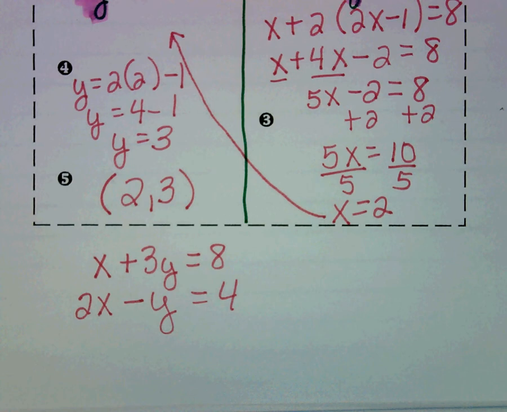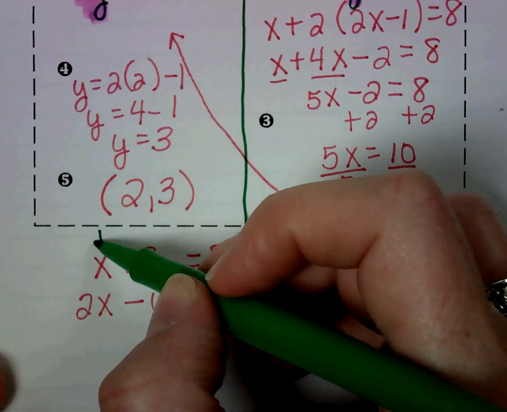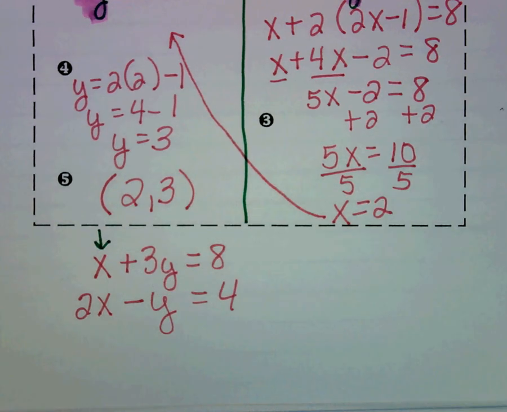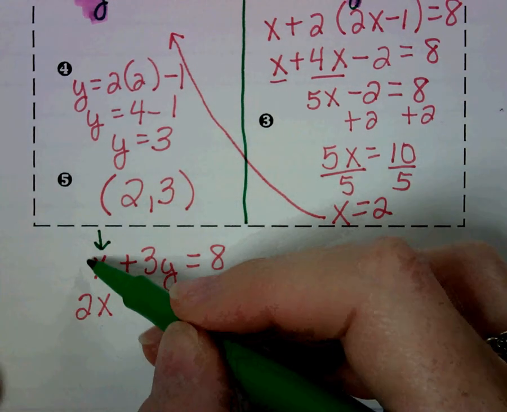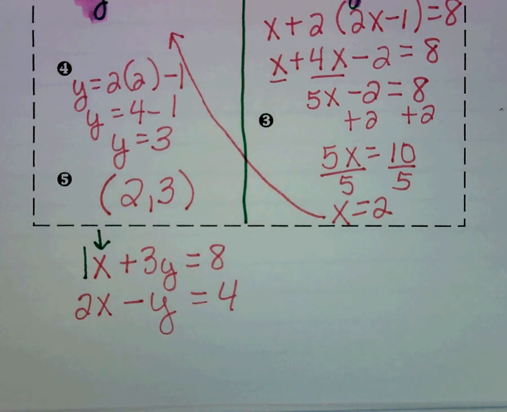I don't already have a variable solved for. So which variable would be easiest to rearrange our equation for? I'm going to suggest that the very easiest would be this x, because its coefficient is 1 and it's a positive 1.